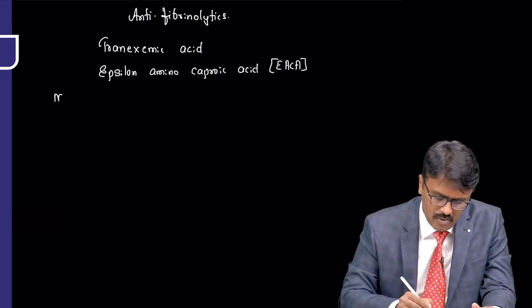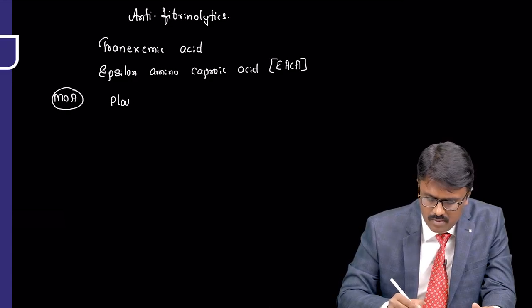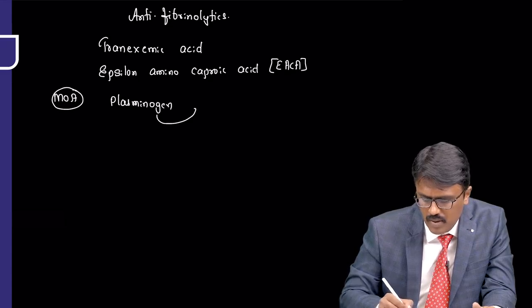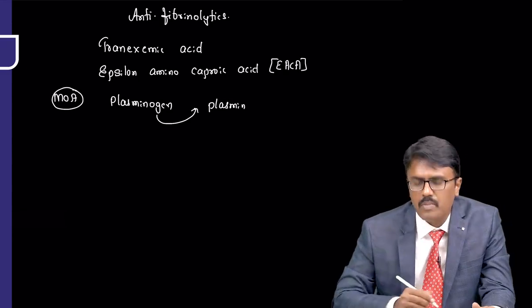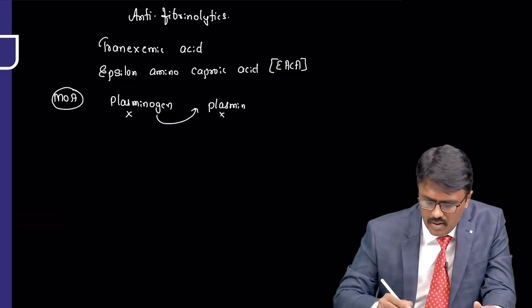What is their mechanism of action? What do they do? They inhibit the conversion of plasminogen to plasmin. So they will bind to plasminogen and plasmin. By binding to that, they will not allow them to cut the fibrin.